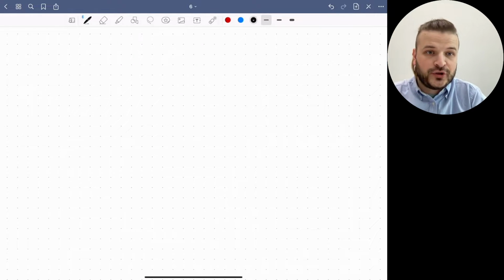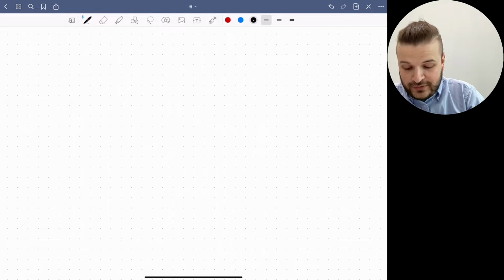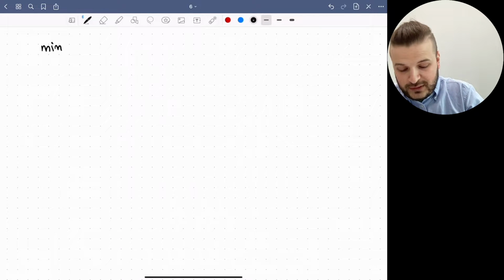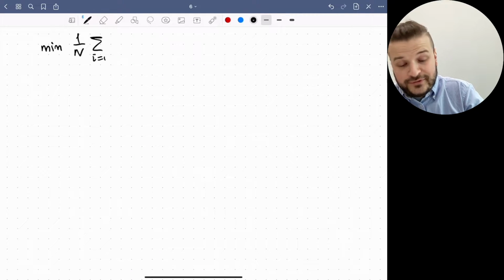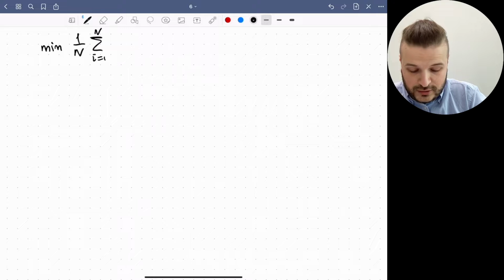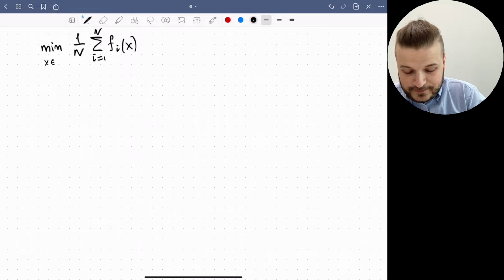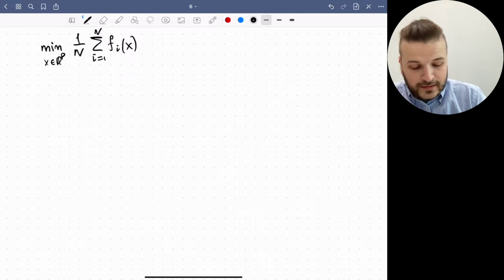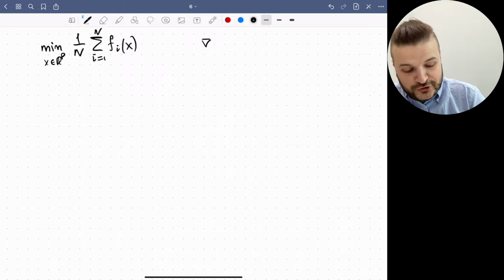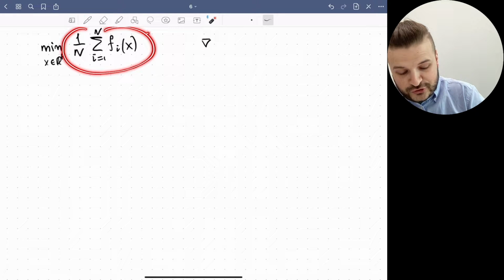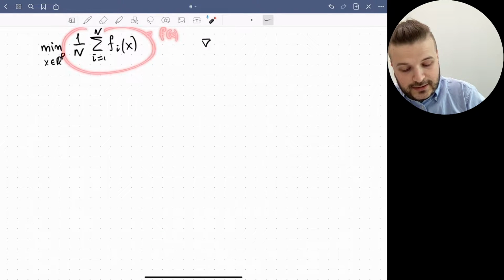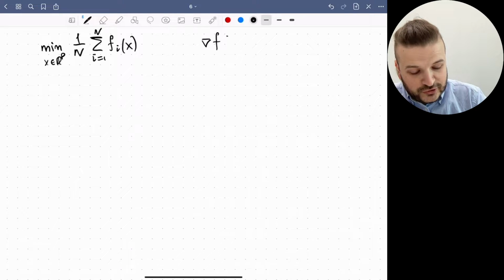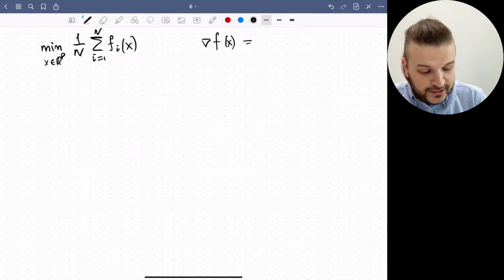We had to minimize this sum, which is called a finite sample average, over x. And as I said before, that's the function of x, and the gradient of the function is the sum of the gradients.